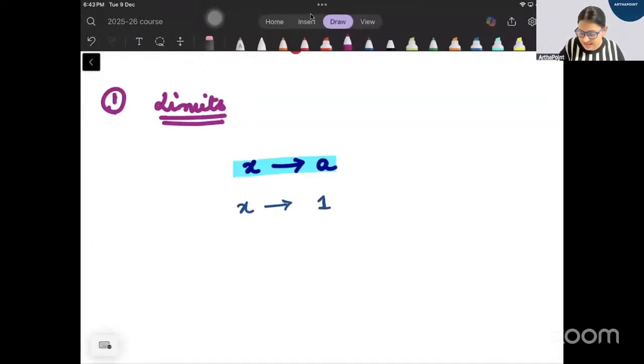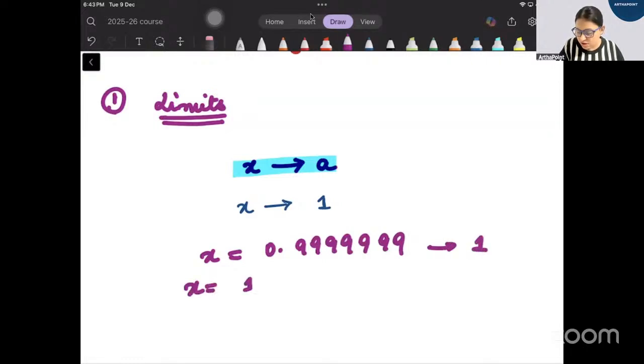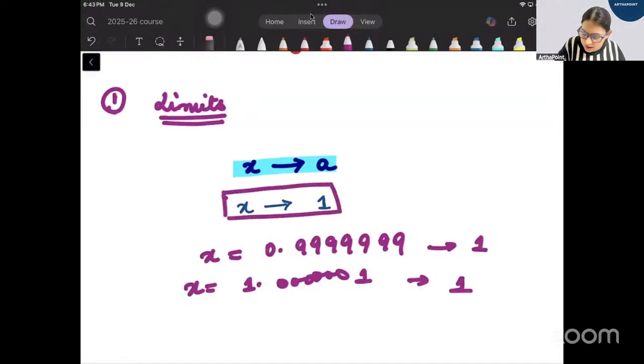So, x can take the value 0.999999, which is very close to 1, or x can take the value 1.00000001, something like this, which is also very close to 1. So when I say x approaches 1, it does not mean x is equal to 1.